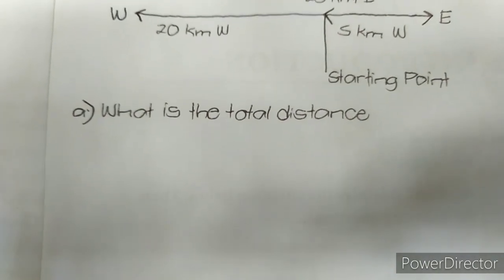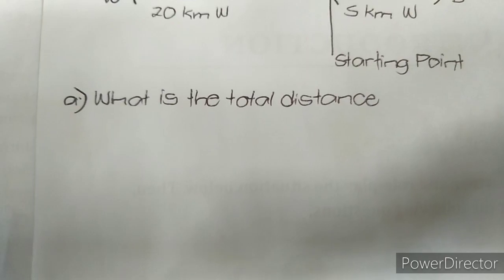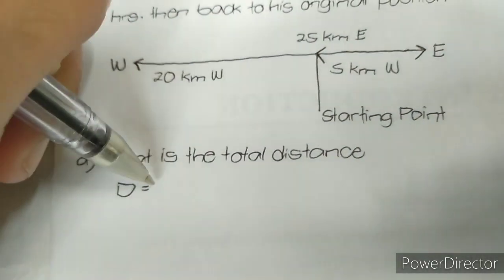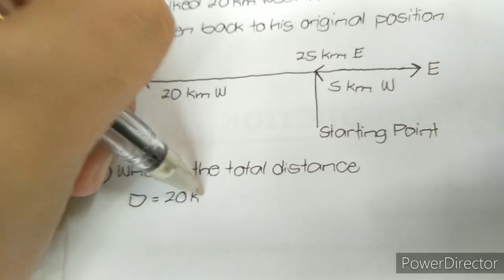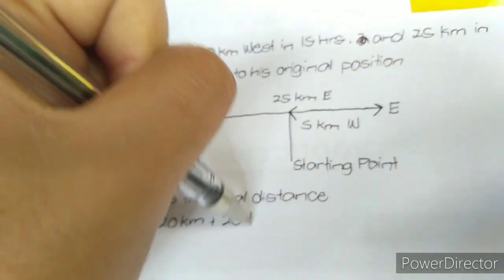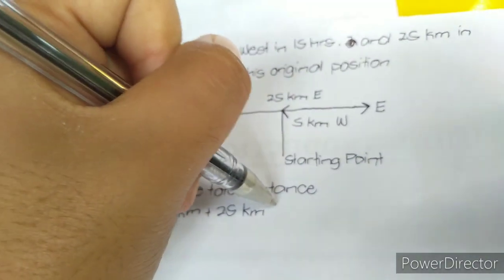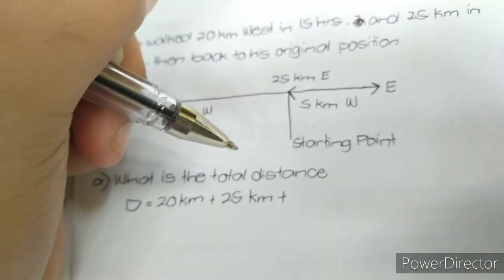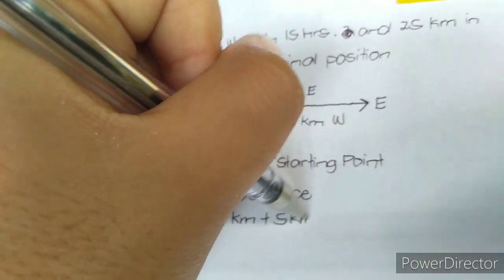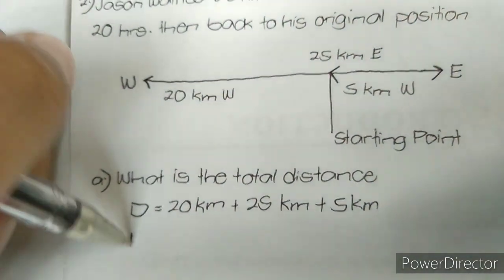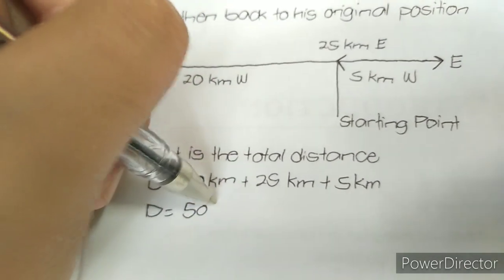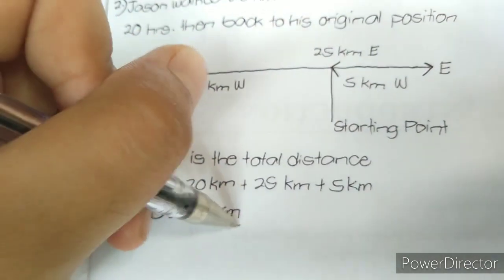Question letter A. What is the total distance? Distance equals 20 kilometer plus 25 kilometer plus 5 kilometer. So the total distance is 50 kilometer.